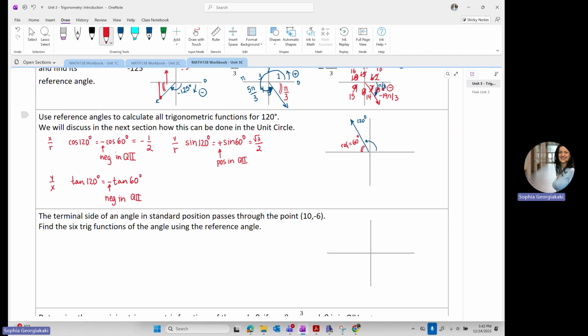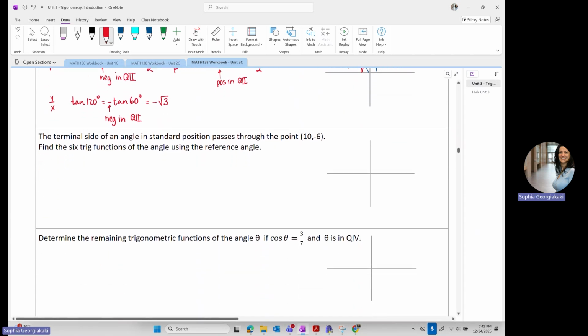Now, the tangent of 60 degrees, if you remember from the equilateral triangle that we used to find the trigonometric functions of 60, was the square root of 3 divided by 1. And since I am in quadrant 2, it will be negative square root of 3. And you can work with the other trigonometric functions that will be the reciprocals of the cosine, the sine, and the tangent, and they will keep the negative sign of the reciprocal function.